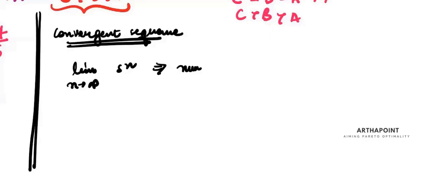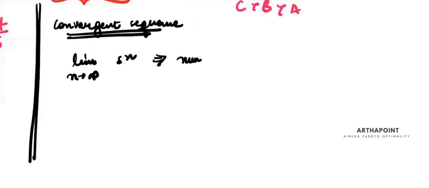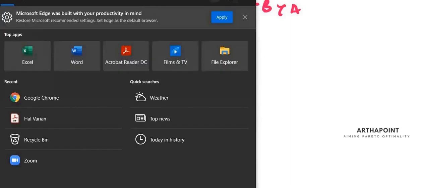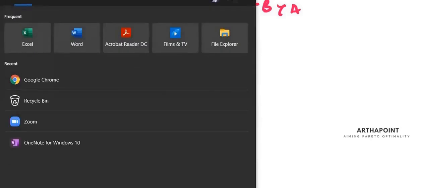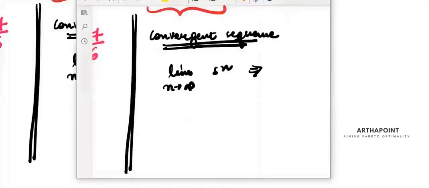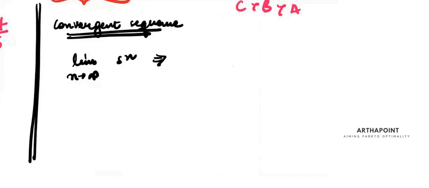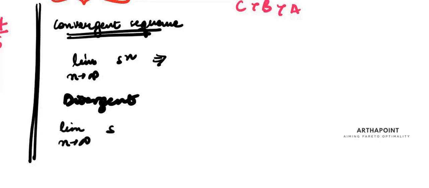And a divergent sequence is where limit n tends to infinity, the sequence just gives you infinity.